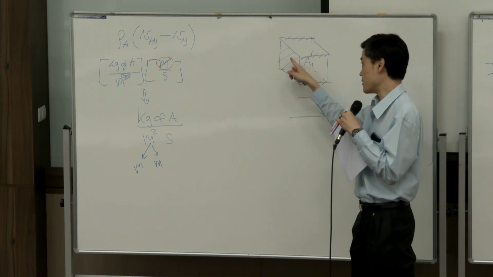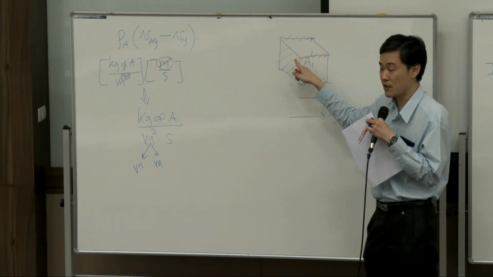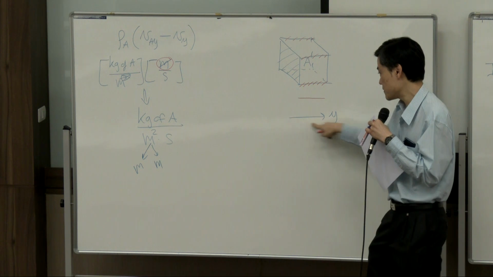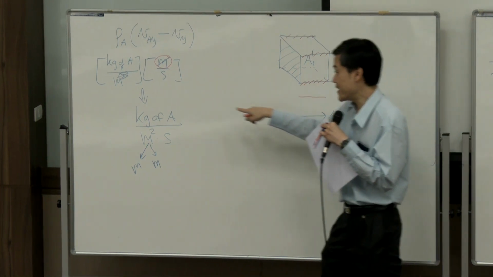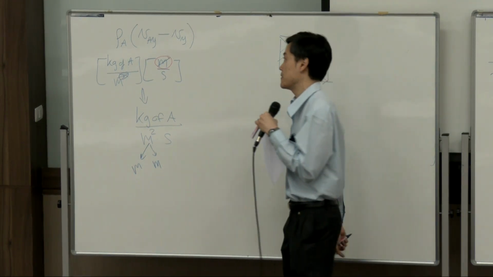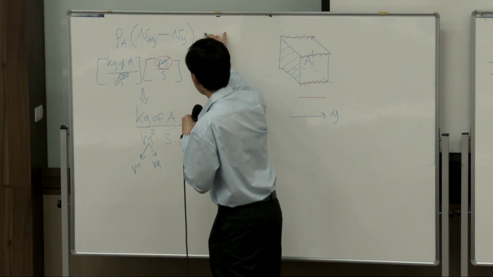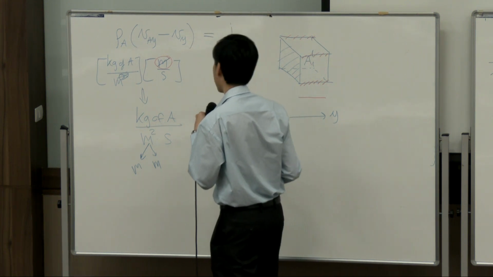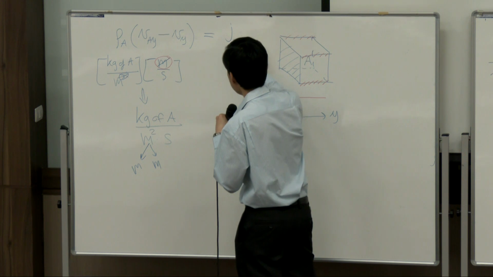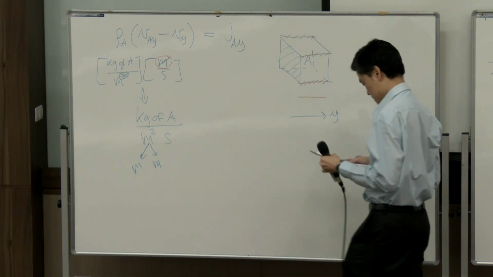The unit area highlighted in blue here is perpendicular to the y direction. So this is the flux. Theoretically, this one is the flux of A in the y direction.